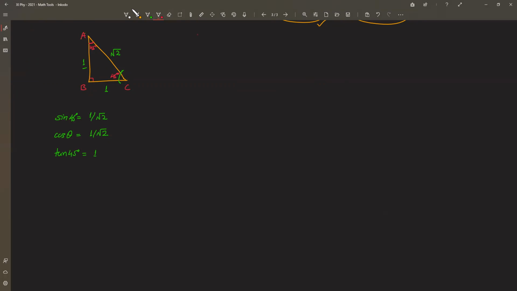I think you are also aware of 60 and 30 degrees. These are the well-known angles, right? So suppose this is an equilateral triangle ABC, which means all the angles are 60°.